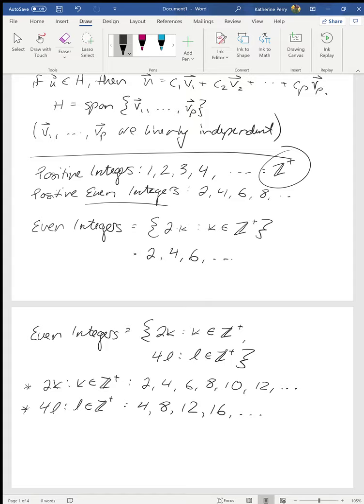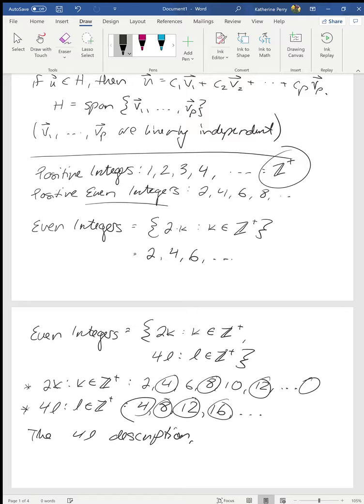So notice the first thing here is this 4. Well, that 4 is up here. And 8's here, but it's also here. 12's here, but it's also here. 16's here, but it also would be here if I had written it. And so the 4L description doesn't add anything.